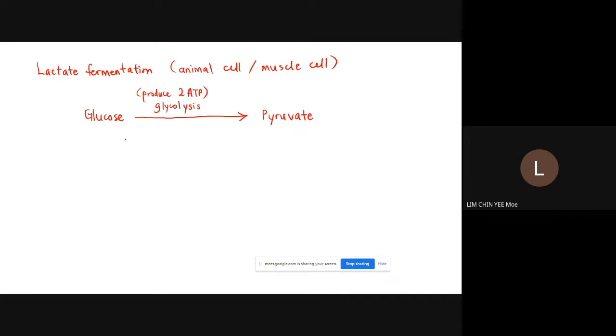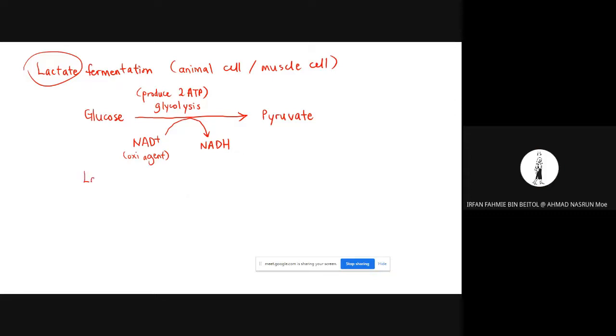Okay, done. During glycolysis juga kita ada guna NAD+ sebagai oxidizing agent, and then dia akan jadi NADH. Right. So far, so good. Nama pun dah lactate fermentation. What is the end product here?